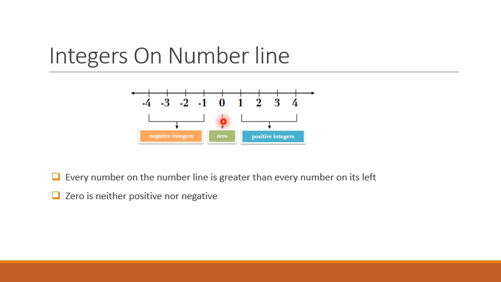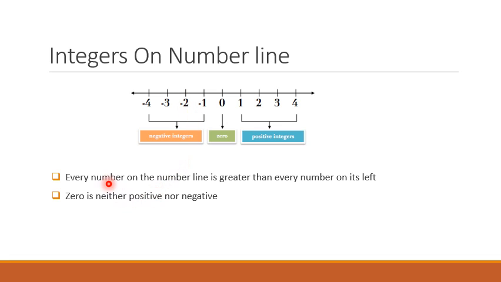Now say if I want to locate the point minus 2 on the number line. So what I'll see? This is 0. Negative numbers are towards the left. So 1 and 2. This point shows minus 2 on the number line.